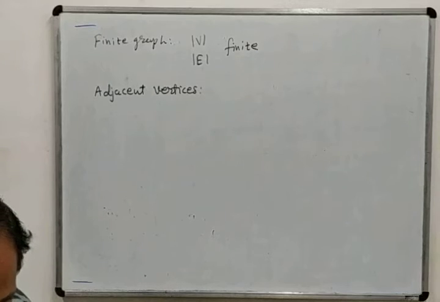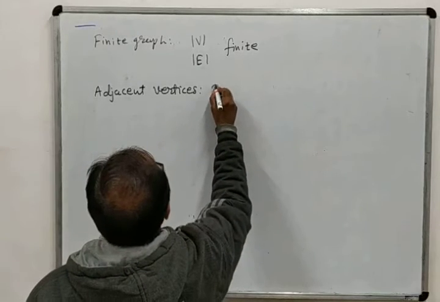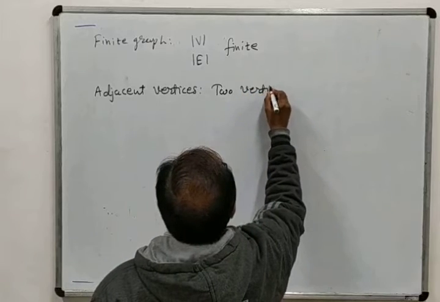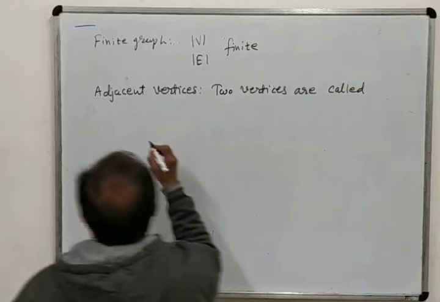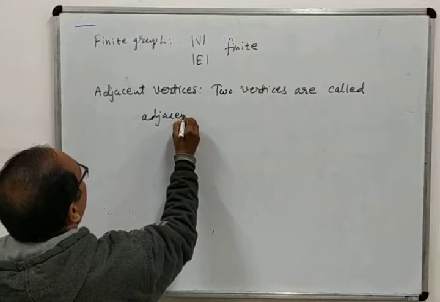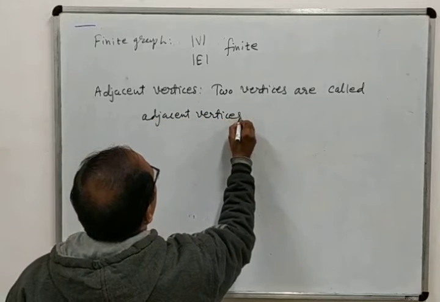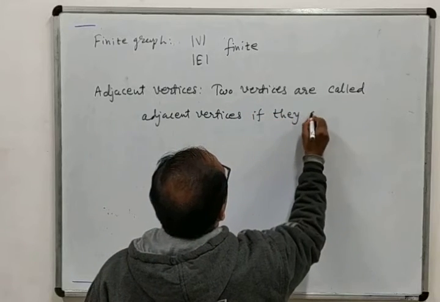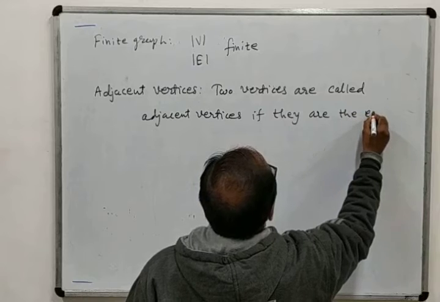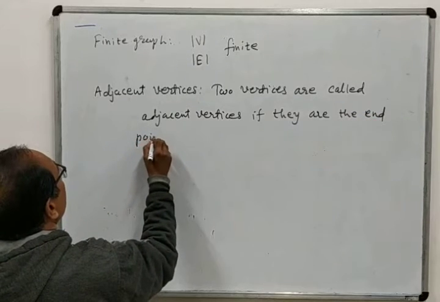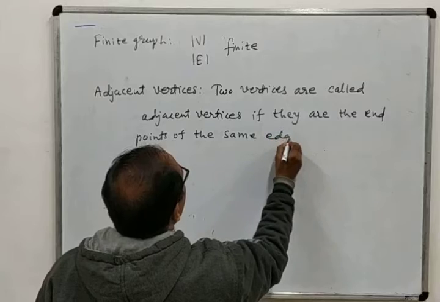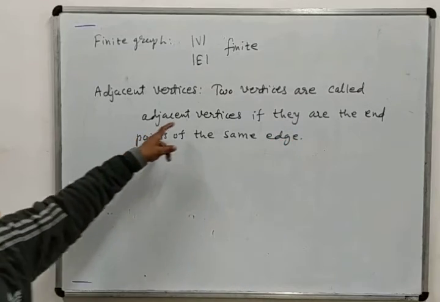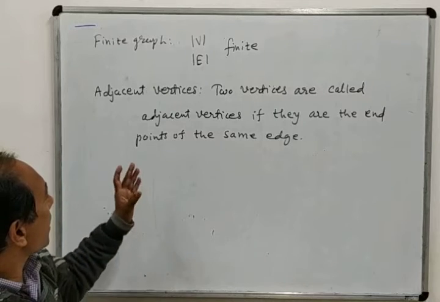So two vertices are called adjacent vertices if they are the endpoints of the same edge.